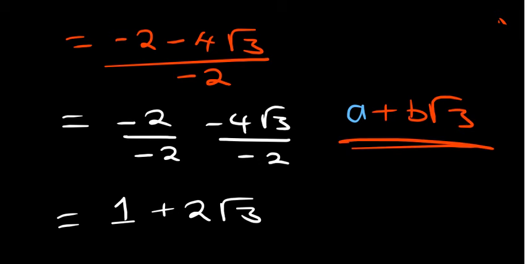Okay, moving on to the other part of the question, we need to now understand how we get to rationalize the denominators. Basically we've actually applied that in the previous question. So let's try to rationalize the denominator in the following questions.